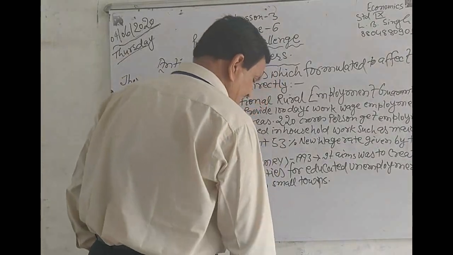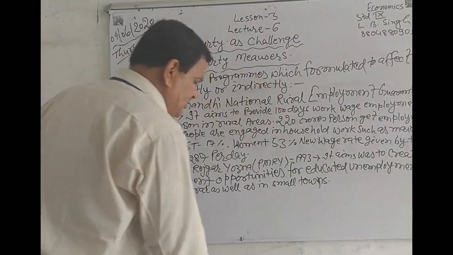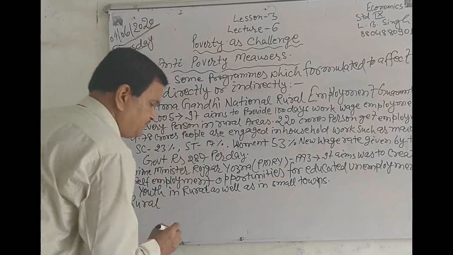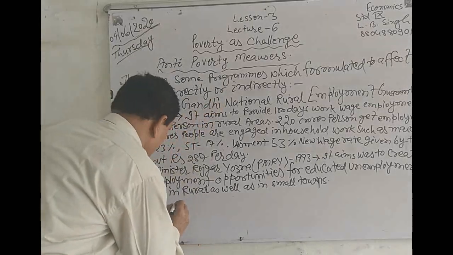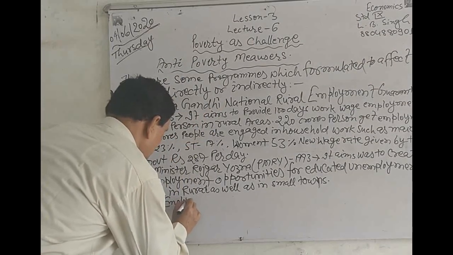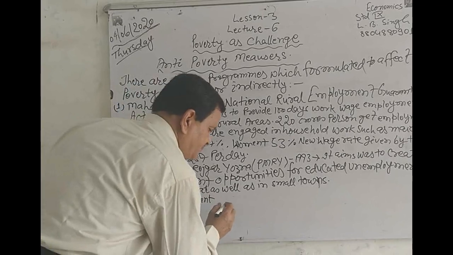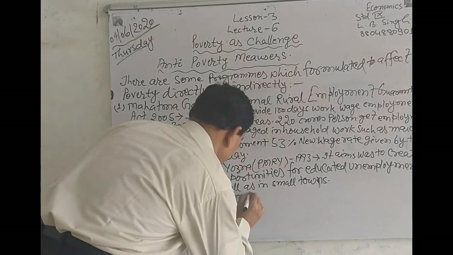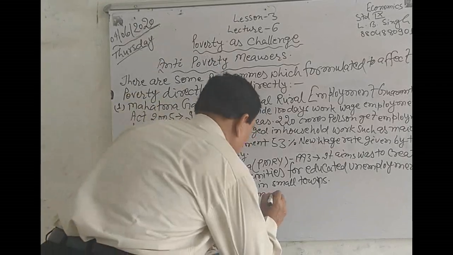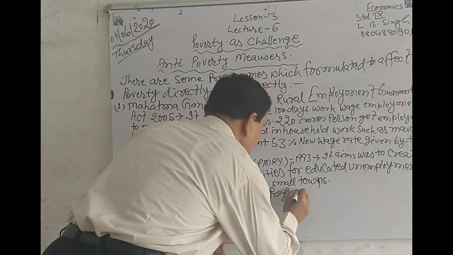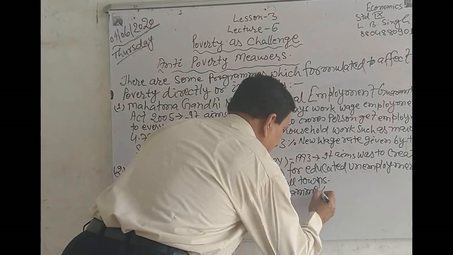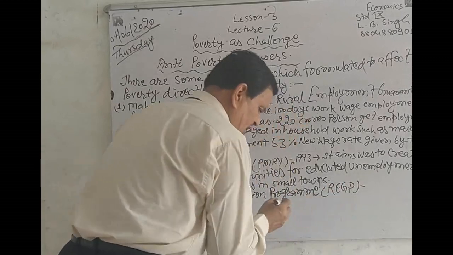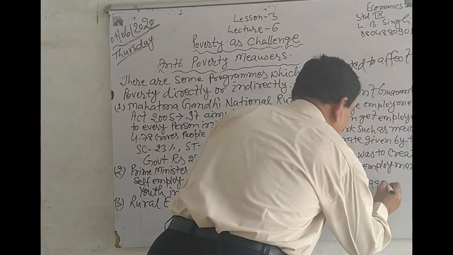And the third program is the Rural Employment Generation Program, called REGP, started in the year 1995.